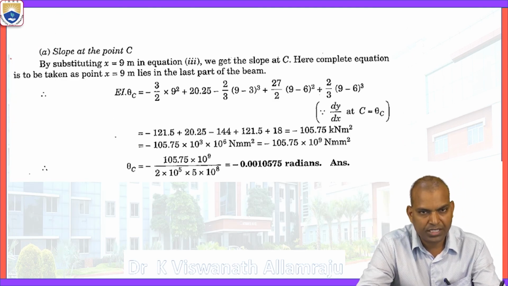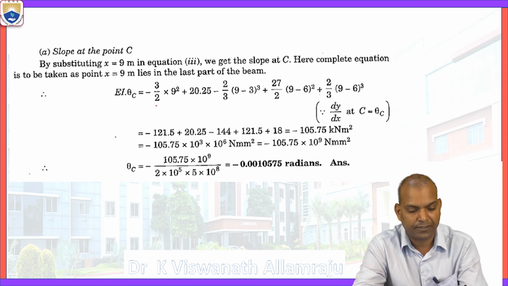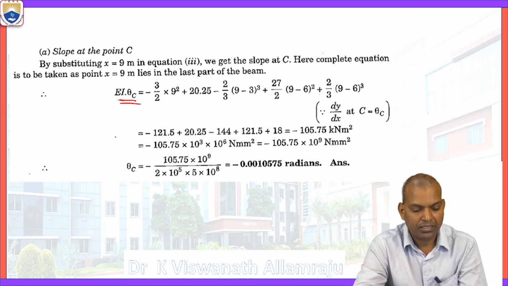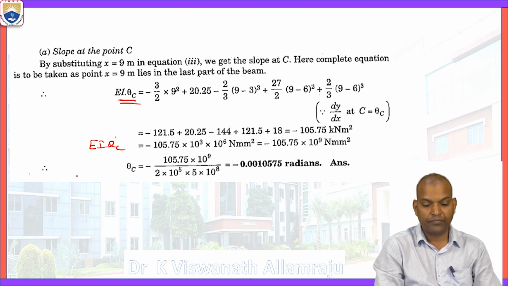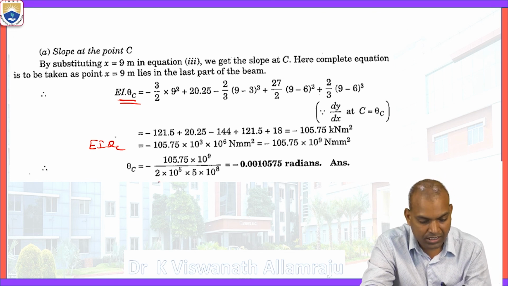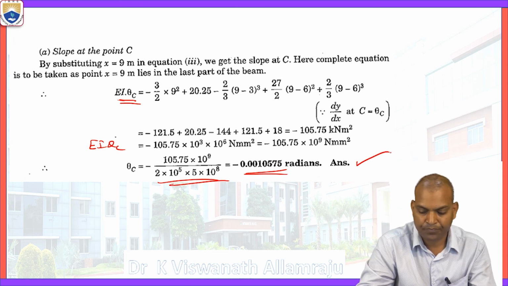Now, slope at point C we want. What is the slope at point C? It is at a distance of 9 meters. Substitute in the slope equation, 9 meters throughout the equation. Then theta C is obtained. EI times theta C equals minus 105.75 into 10 power 9 Newton millimeter square, divided by EI. That is negative 0.0010575 radians.